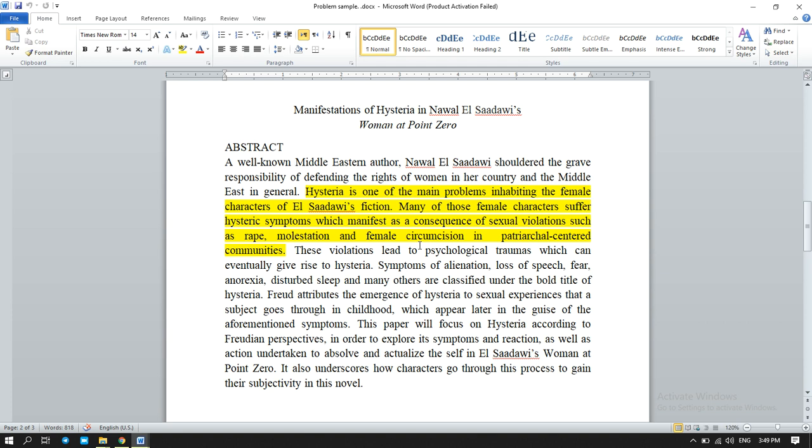So this is the problem of my research in this paper, and I tried to answer why Nawal Saadawi has represented these acts and images in her own heroine. So this is a real problem that the paper addresses, and I tried to suggest some solutions for this problem in the research. You can also find this research paper online.